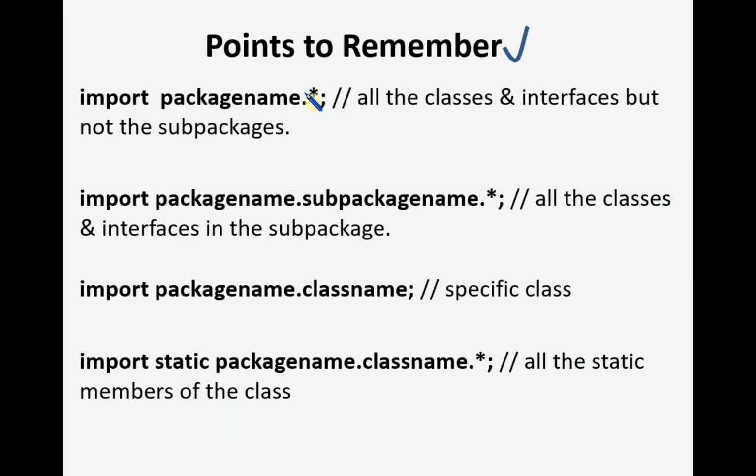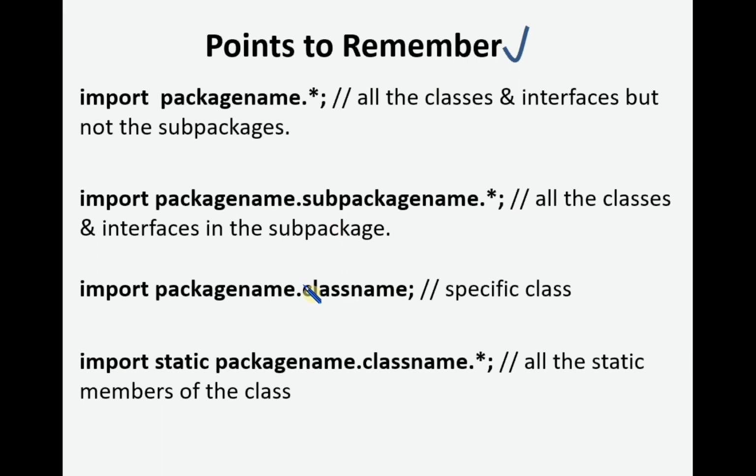See a few points here. Import package name dot star imports all the classes and interfaces but not the subpackages. Suppose we want to import subpackages, we must use the statement import package name dot subpackage name dot star, which imports all the classes and the interfaces in the subpackage.